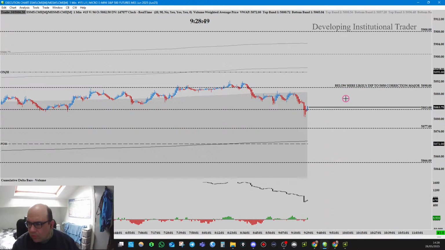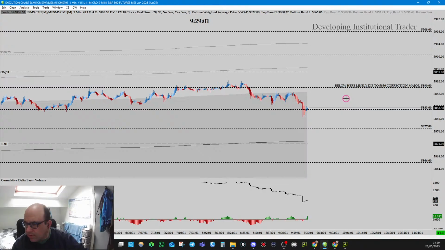Okay, I think the level has been reclaimed. I'm just waiting to see the right moment to enter at the order flow with some absorption of the sellers. Let me see if price is going to stay there.